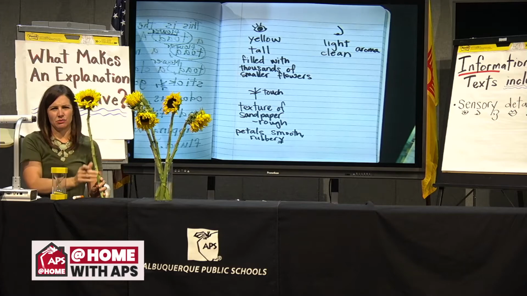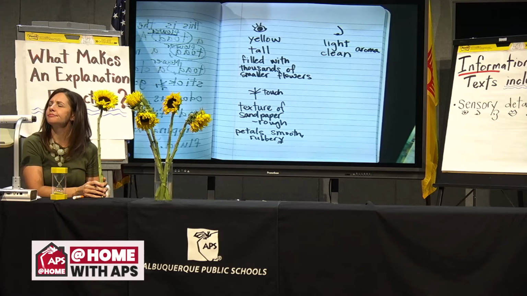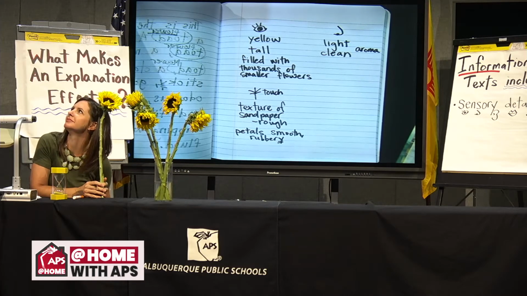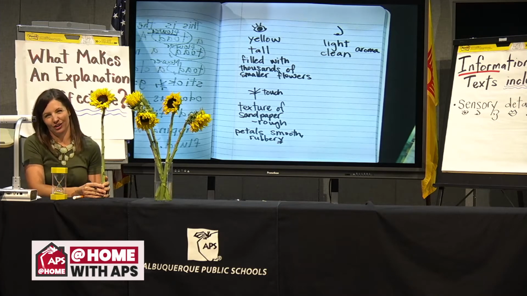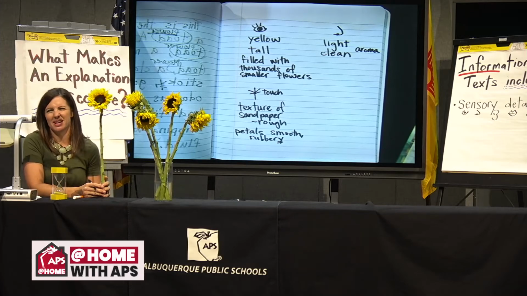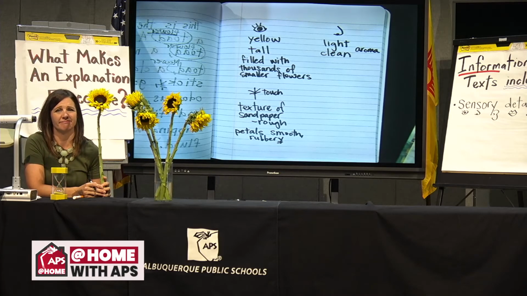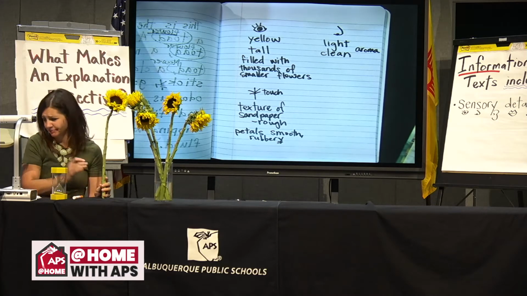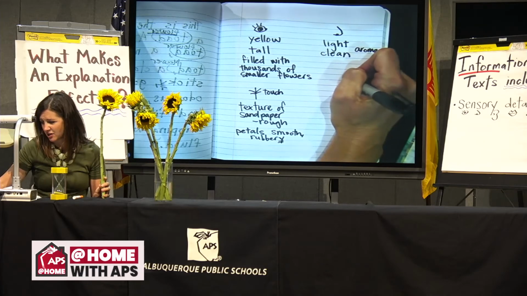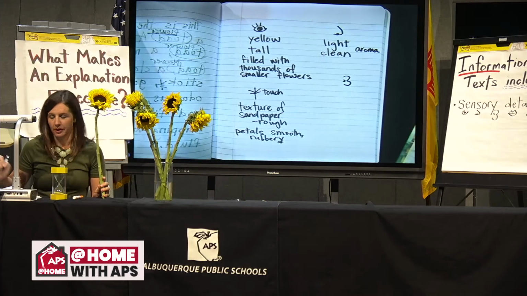Now, sound. I don't hear anything. So we can't use all of our senses when we're describing, because I wouldn't say that the sunflower has a sound to it. It's silent. Yeah, it's silent. So the sound, this is my ear symbol.